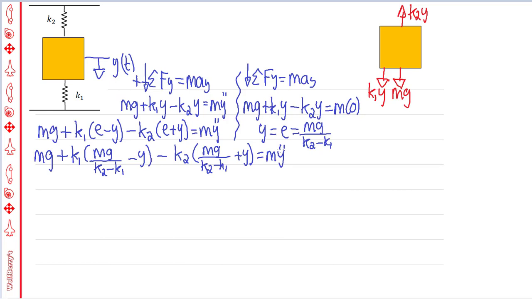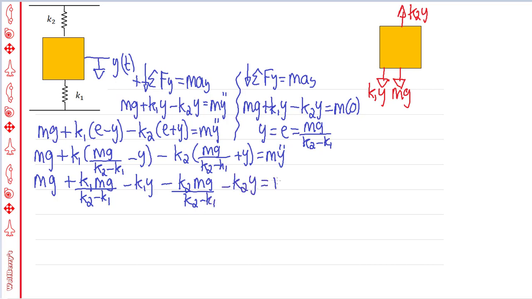Now let's go ahead and expand this bracket. So we're going to get mg plus k1 mg all divided by k2 minus k1 minus k1y minus k2 mg all divided by k2 minus k1 minus k2y equals m y double dot.